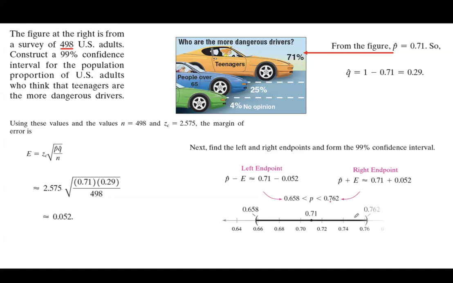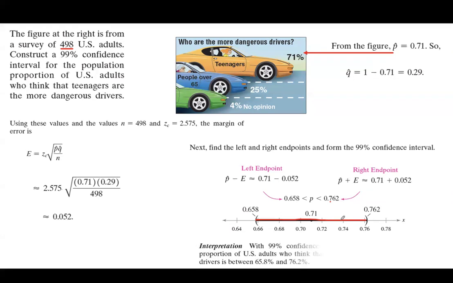It means that the proportion of the population who think teenagers are more dangerous drivers is a number in this range. I don't know which one it is, but I'm 99% confident that it's a number in between these two numbers.